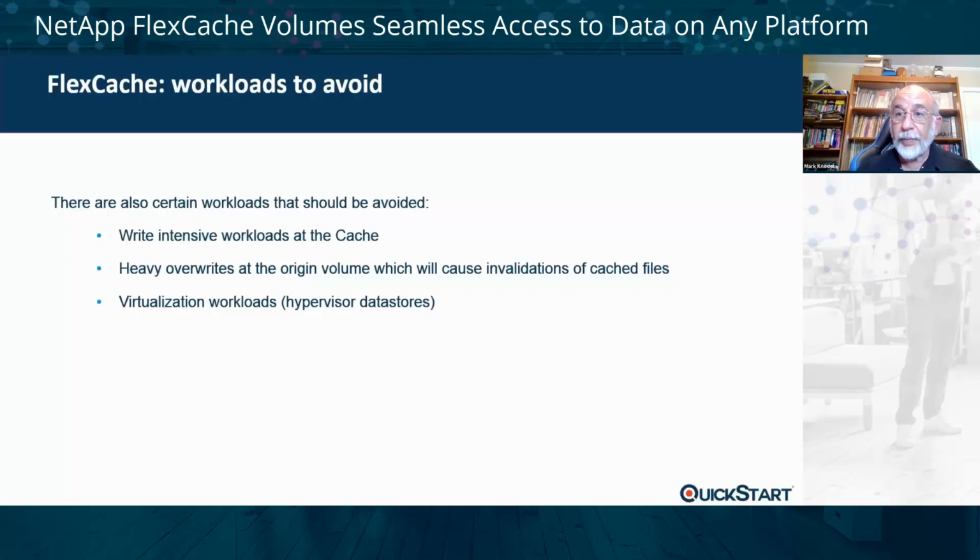So again, that means a lot more reads to refresh that data. So that's not a good fit. Hypervisor data stores are not a good fit. So this is not something that you can use for everything. You have to understand the workload that we're trying to accelerate or improve.